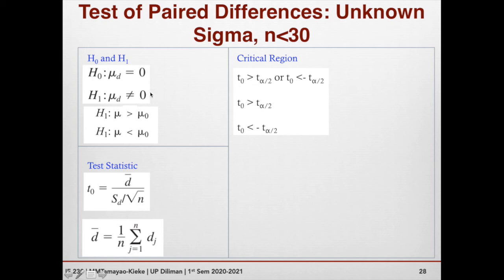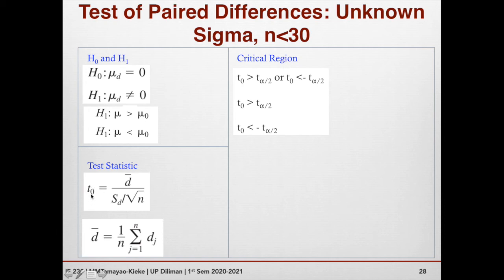And again, these are the three main things that we've always looked into in the different cases that we've dealt with. You have your pair of H0 and H1, and then you have your test statistic and you have your critical region.